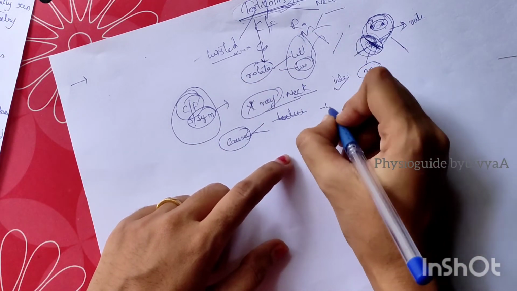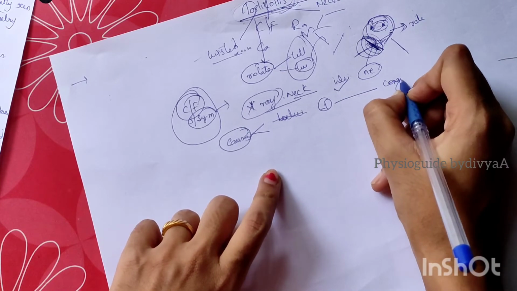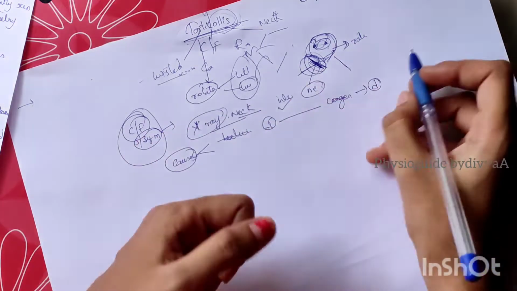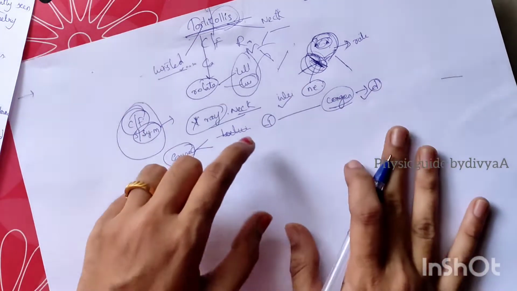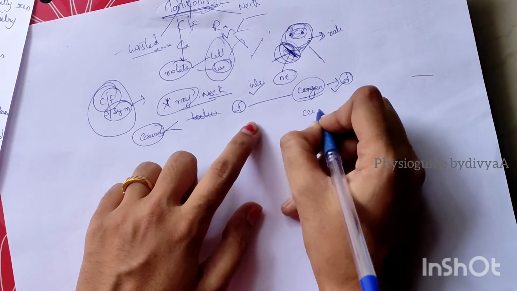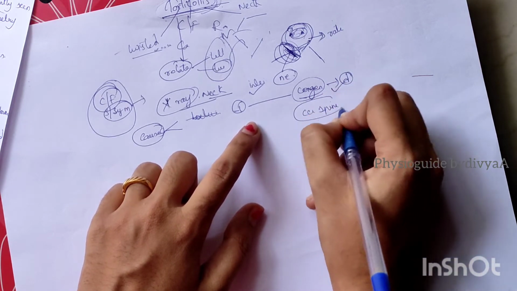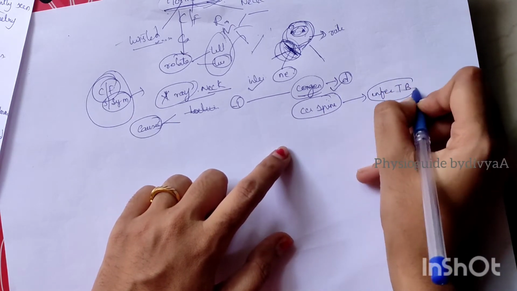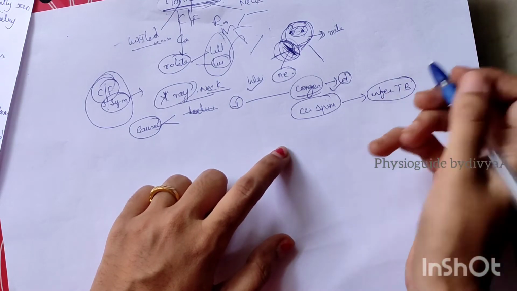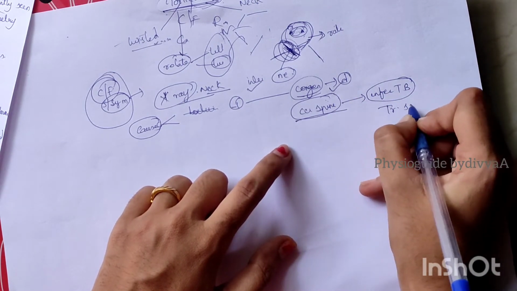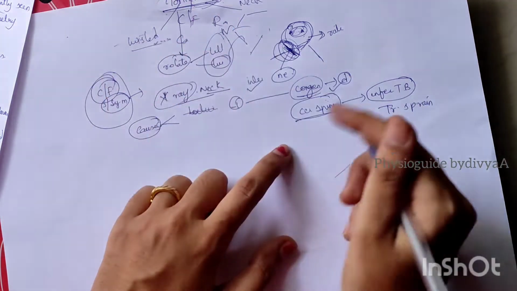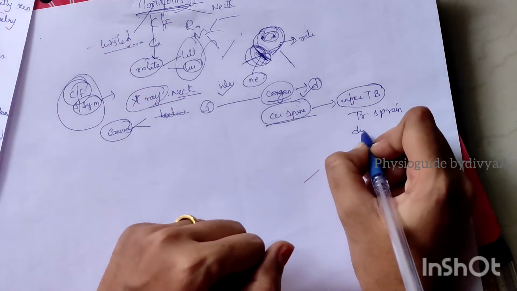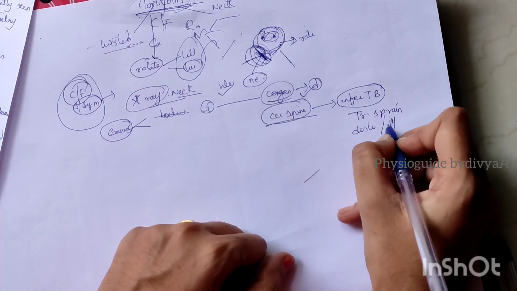The first one is congenital, meaning deformities present from birth. Then the cervical spine: if there is any infection such as TB in the cervical spine, there will be turning and tilting. Any traumatic pain also, with tilting of the face and turning to one side, and any fractures or dislocation also.